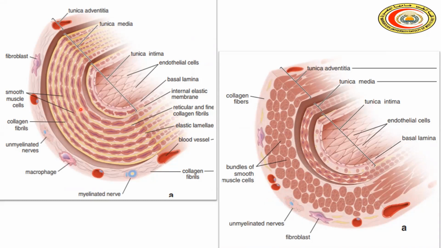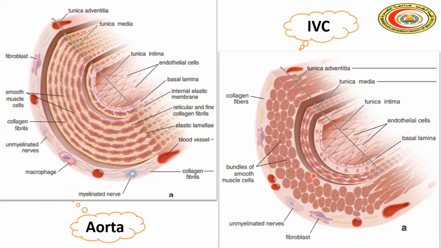So this is mostly the aorta, and this is mostly inferior vena cava. Here we have the intima and the evident thick media formed of elastic fibers and smooth muscles, and the adventitia, which is thin. Here we have thin intima, thin media with smooth muscle fibers only, with no elastic fibers, and thick adventitia, or very thick, having smooth muscle bundles. Here are the bundles of smooth muscle characteristic for the wall of inferior vena cava.